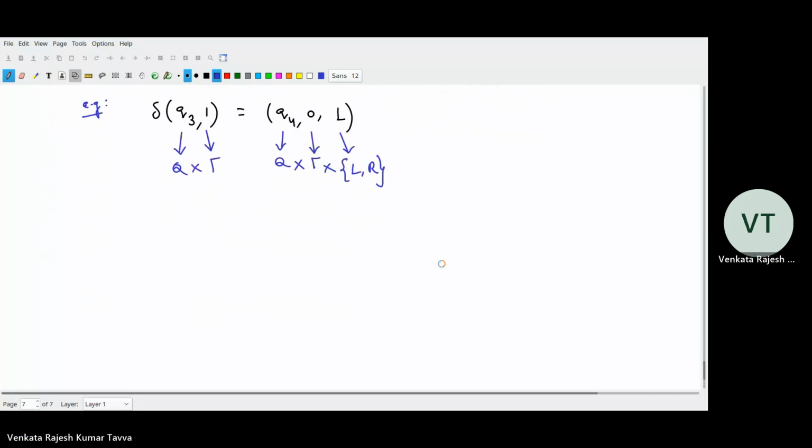Epsilon, you can have epsilon, but it will be handled with. So let's see an example. You will understand. Okay.